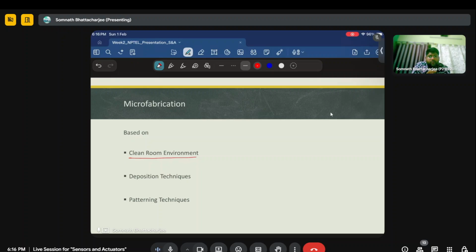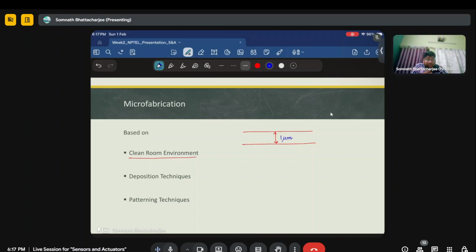But in the case of a micro device, it's already in a micro dimension. So even a very small dust particle matters. Let's say you have a microfluidic channel, and the channel dimension is 1 micron.